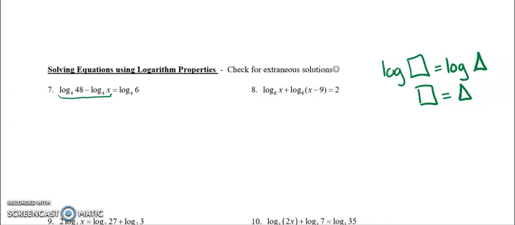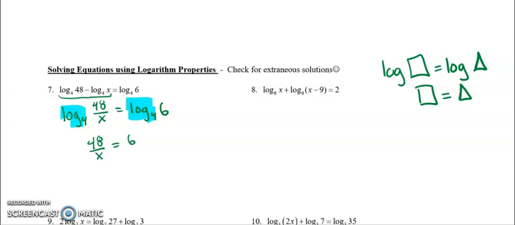We need to condense those logs back into one. Well, we've got subtraction. So subtraction comes from division. So we'll have the log base 4 of 48 divided by x equals the log base 4 of 6. The log base 4 matches the log base 4. We've got log equals log. So what we're taking the log of, the 48 over x, has to equal the 6.